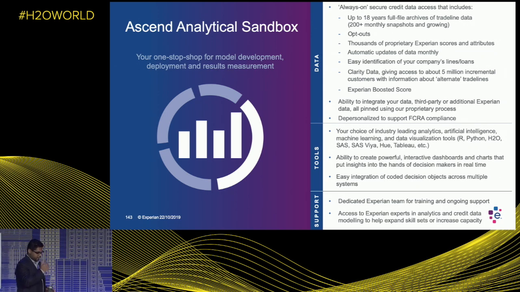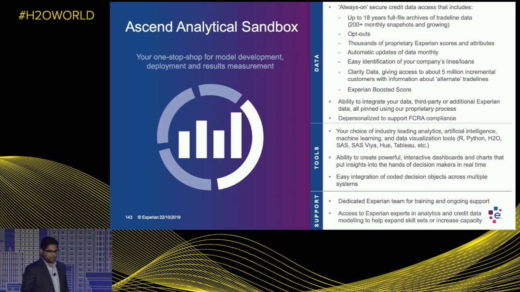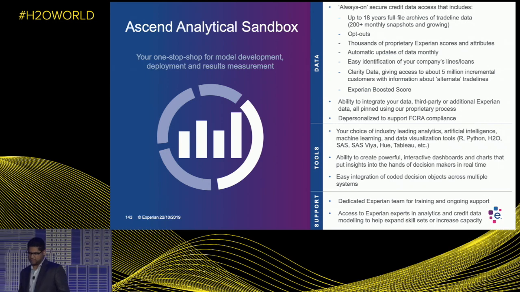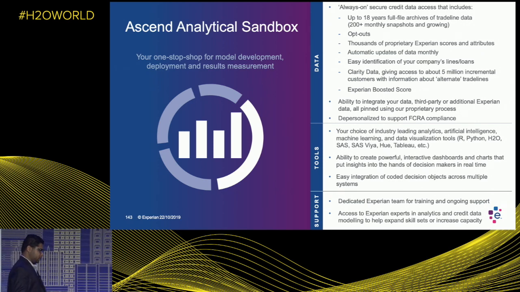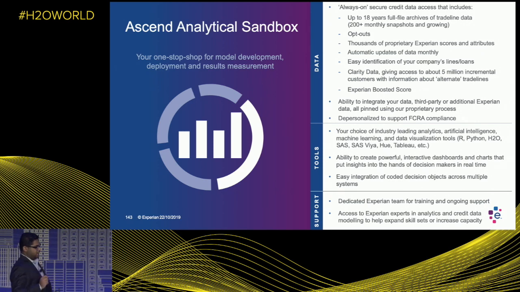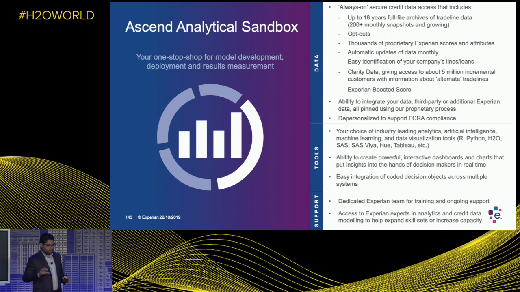Also, on the other hand, we have access to Experian Boost, which is another score which takes into account utility payments or rent payments, anything which is not captured by a regular credit bureau. It includes that. All that data is also part of the sandbox. Now, the critical factor there is that for any trade line, the customer essentially agrees to give that data.